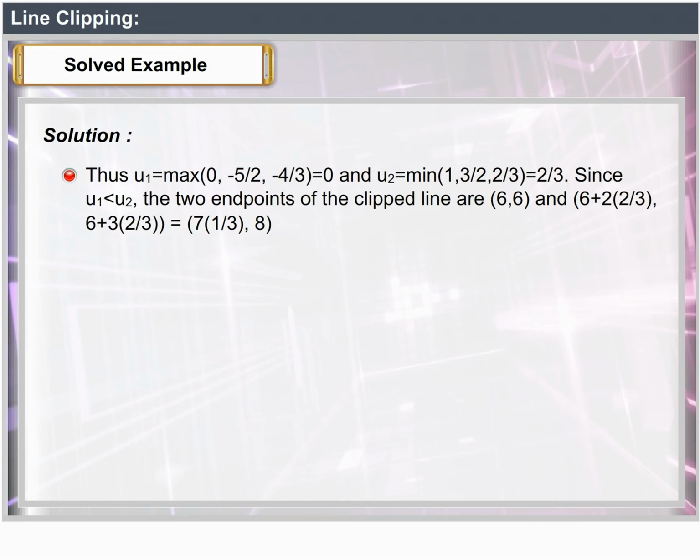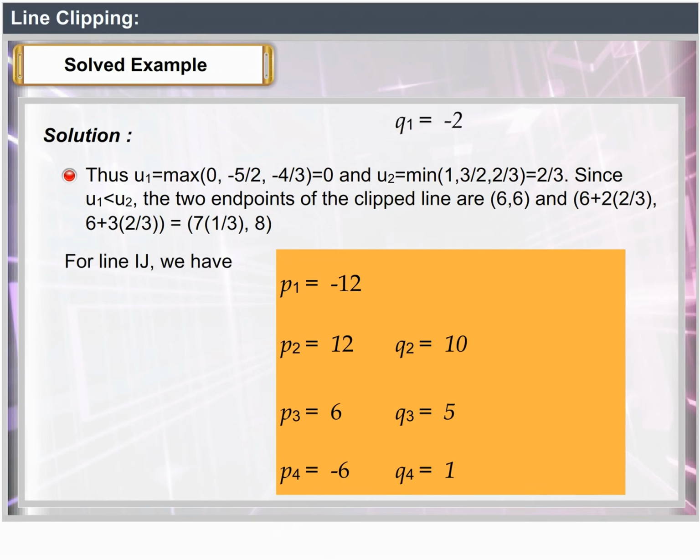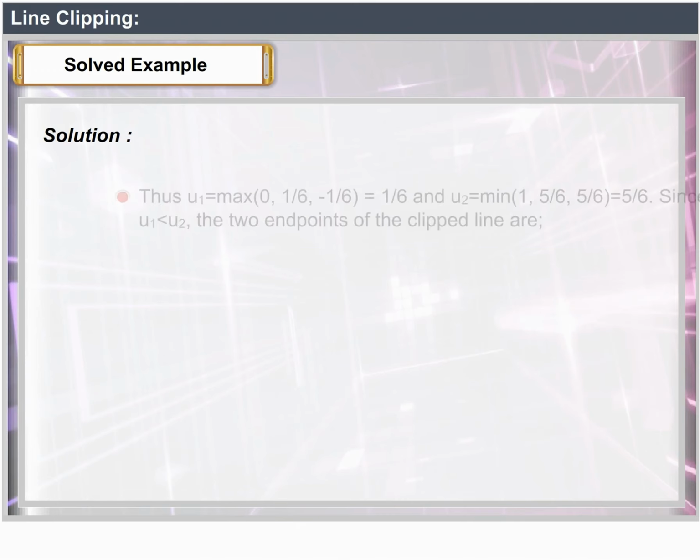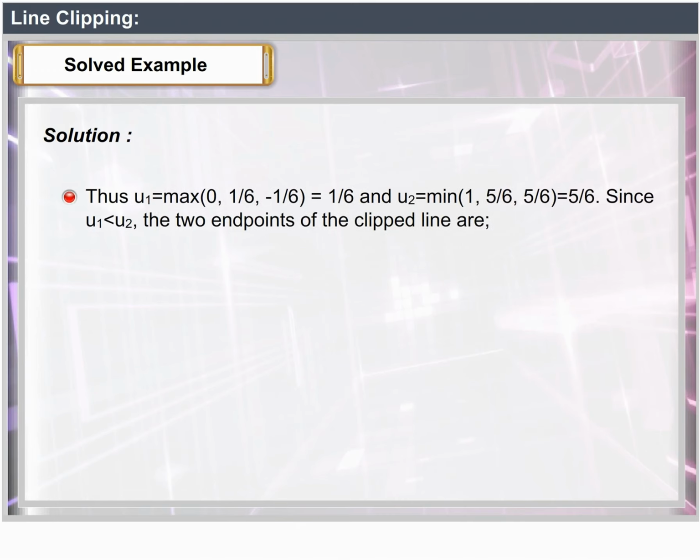For line IJ, we have the following parameters. Thus, u1 equals max of 0, 1/6, -1/6 equaling 1/6, and u2 is the minimum of 1, 5/6, 5/6 equaling 5/6.